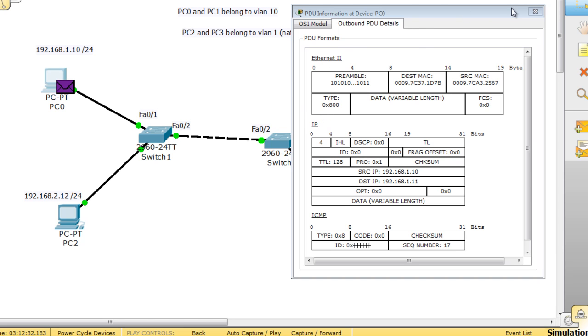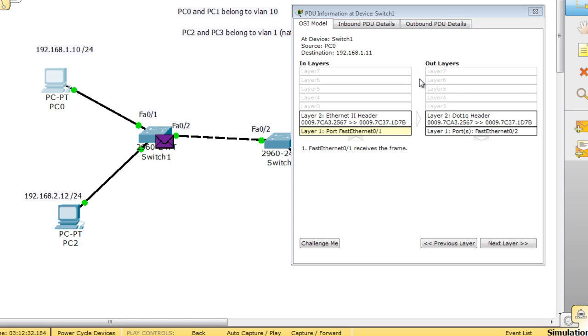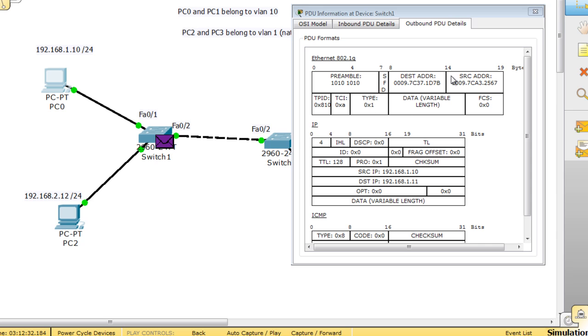So let's go and move the packet to switch 1. Now the packet is coming to switch 1, and I'm going to open up the packet and see what's going to happen right now. You see now the packet has an outbound PDU. Let me open up the outbound PDU up here, and you see what I was telling you. This is what we call the 802.1q tagging.